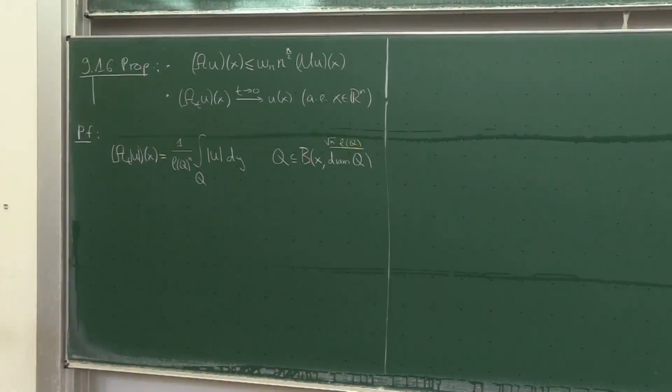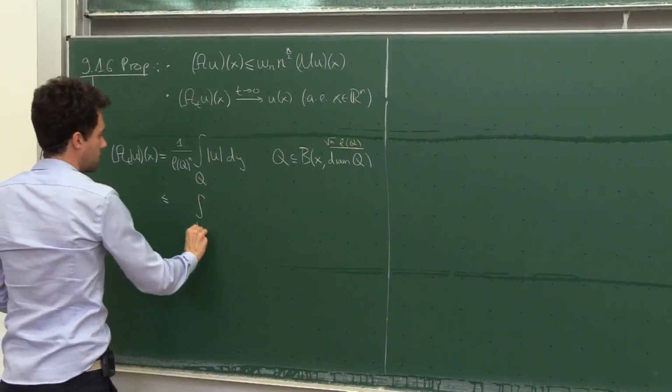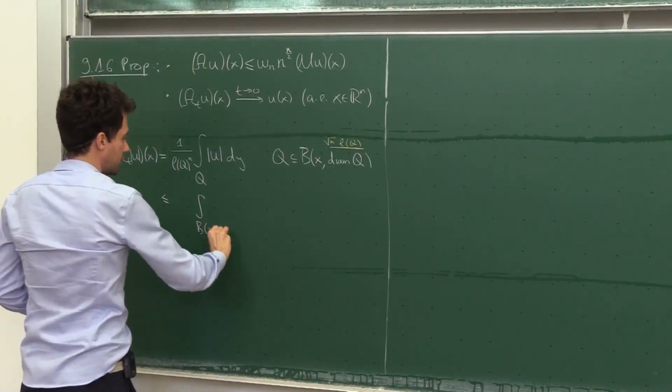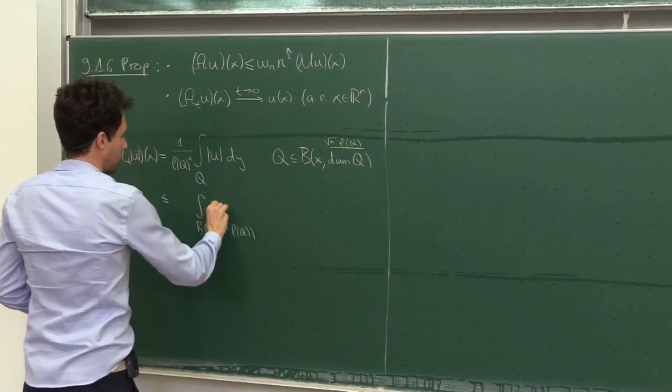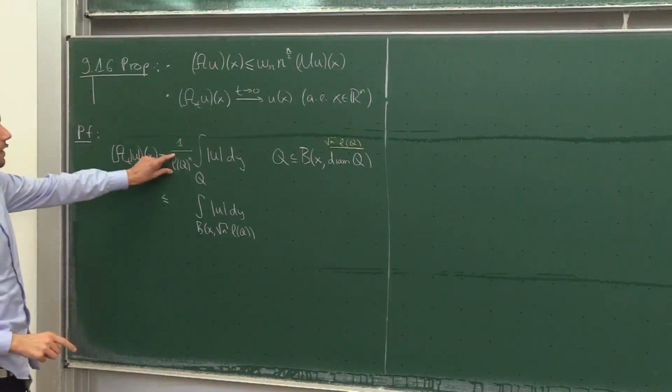If in the next step I want to bound that by an integral average on this huge ball of the absolute value of u, well, the length of the cube to the n I already have.